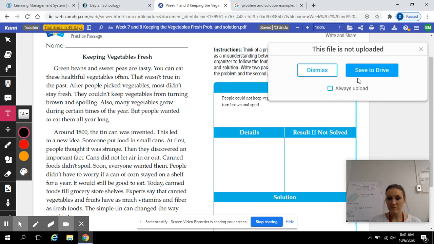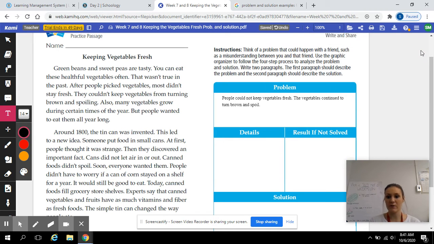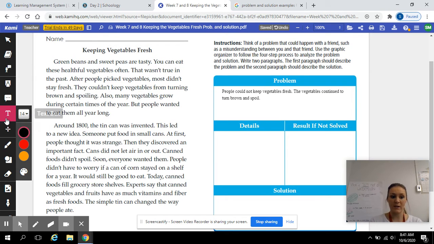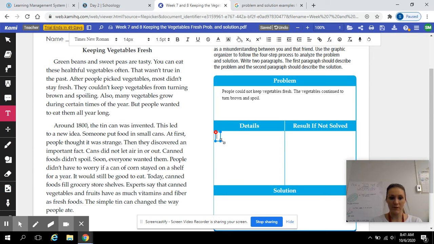So the next thing I'm going to do is I need to fill out the details. So I'm going to give one detail of why this was a problem. So I'm going to insert another text box. And I'm going to say, this came right from the text. It's a detail.